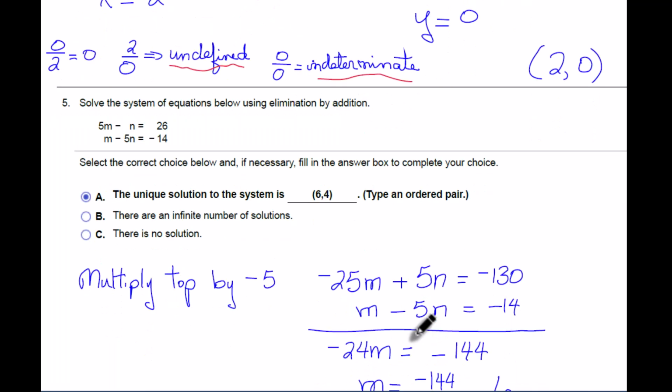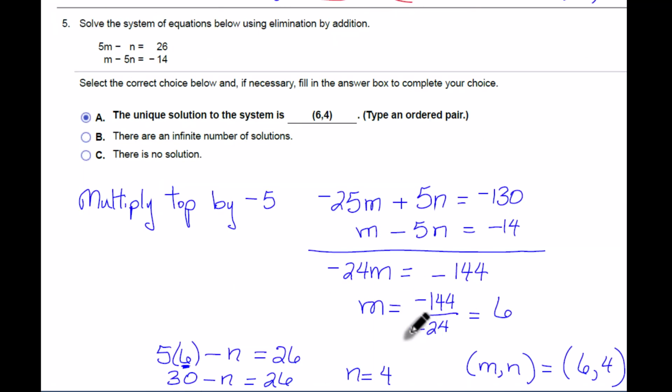All right, in question 5 here, we've got 2 lines, and they want me to solve it by elimination or by adding. So the first thing you ask yourself is, okay, let's look at the m's. I've got a 5 and a 1. If I add that up, that won't cancel.